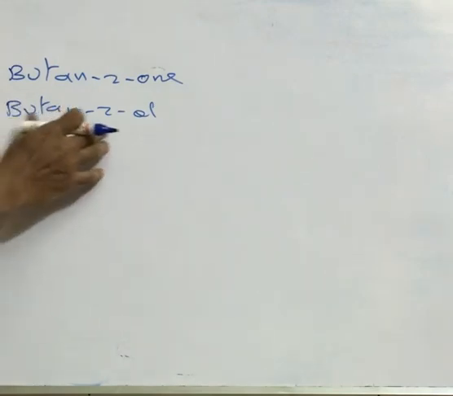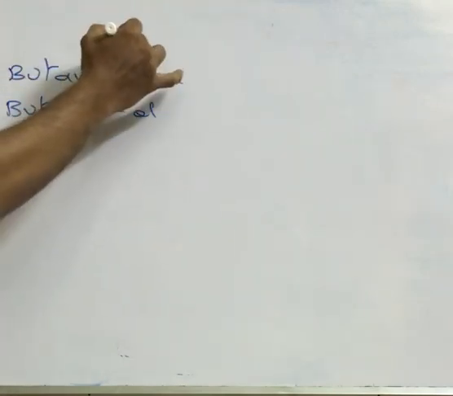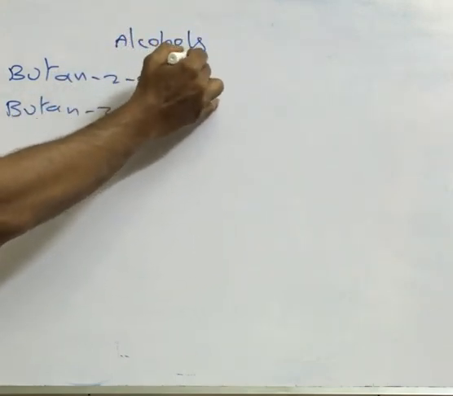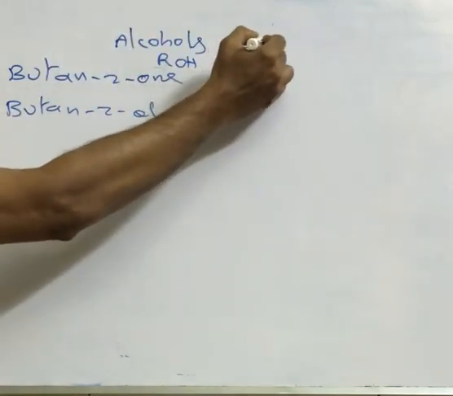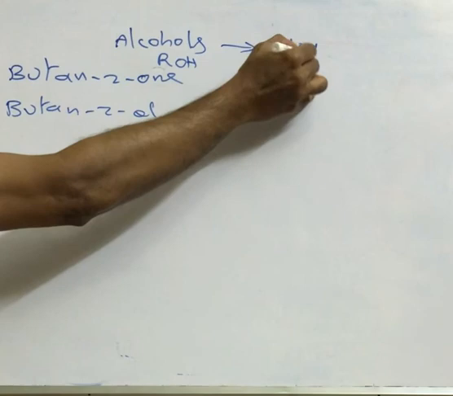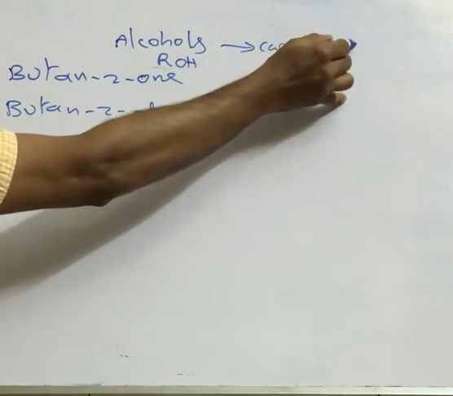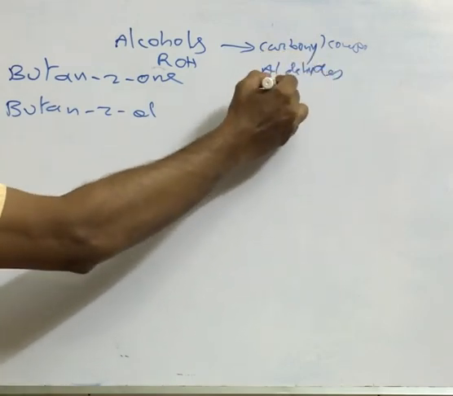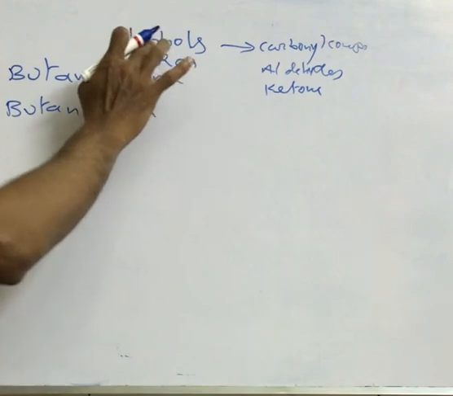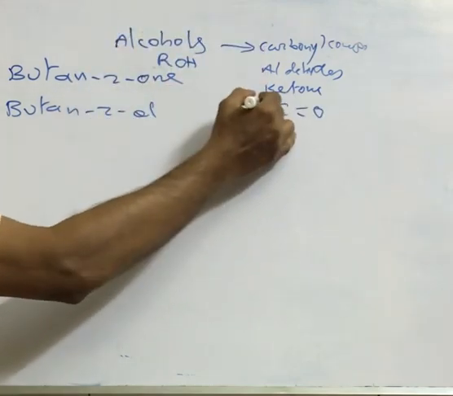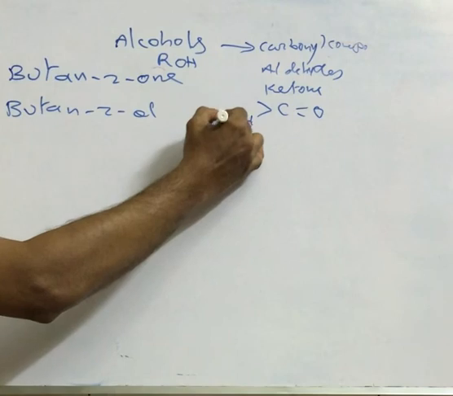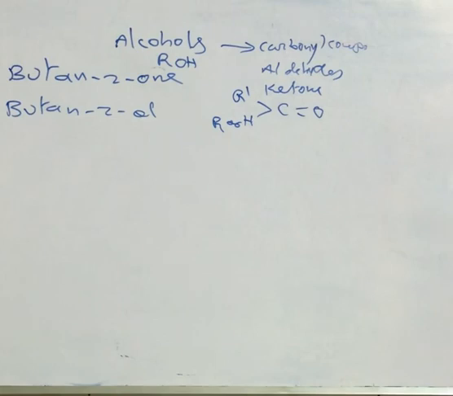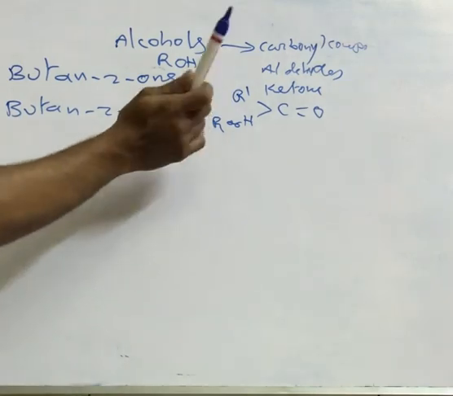You remember a general understanding that alcohols, ROH, can convert to carbonyl compounds. Carbonyl compounds are aldehydes and ketones, that is C double bond O, with H or R. In aldehydes it is H on one side, in ketones it is R on both sides, or even H for the formaldehyde case.